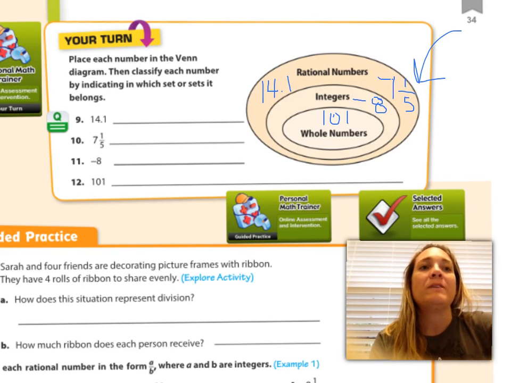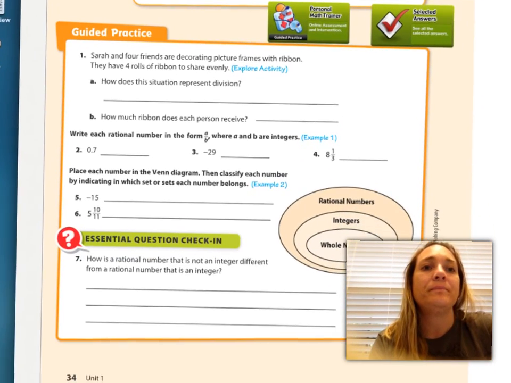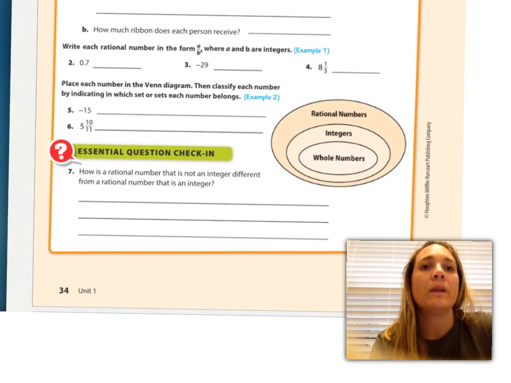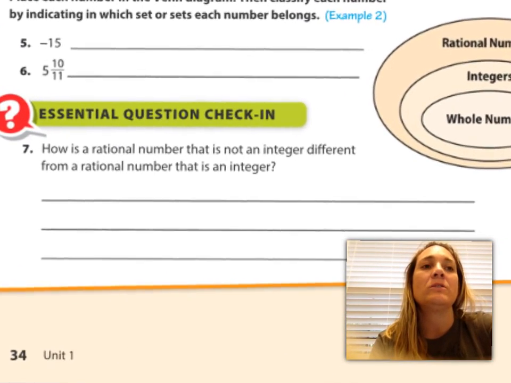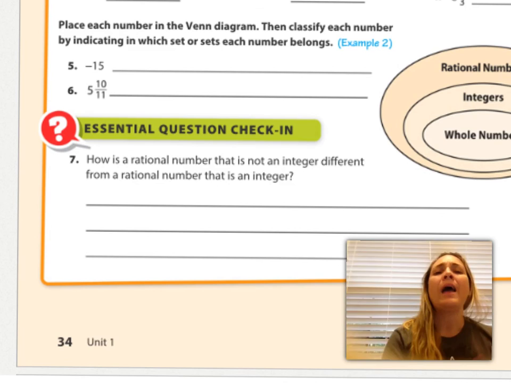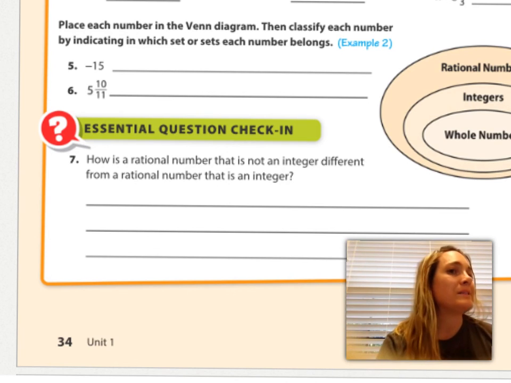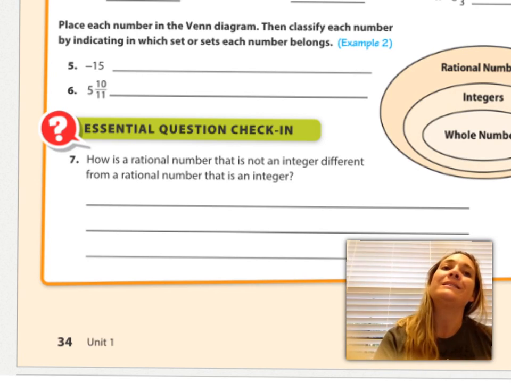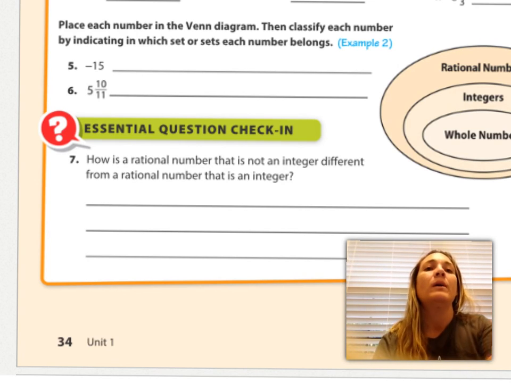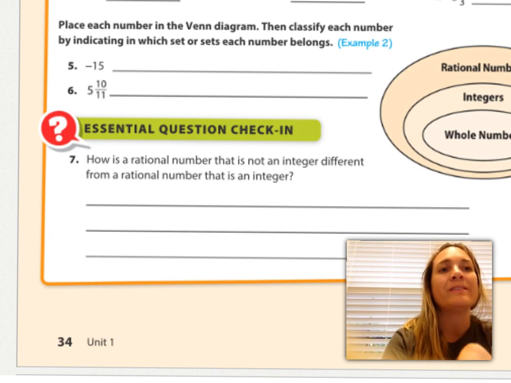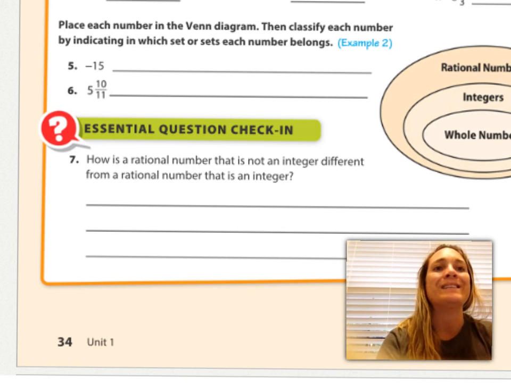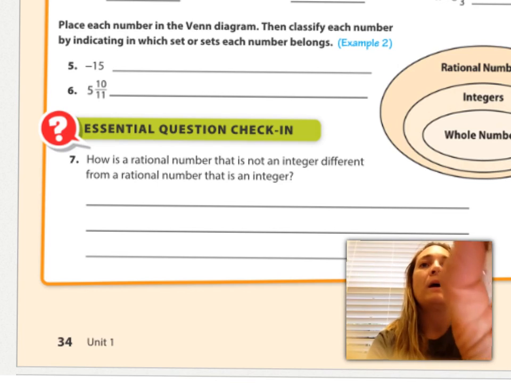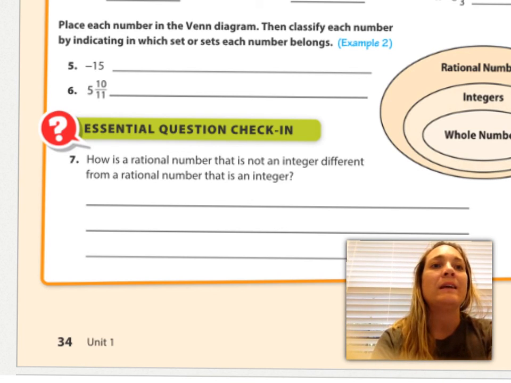Now let's revisit our essential question, or this is our CPQ. How is a rational number that's not an integer different from a rational number that is an integer? Okay, and we would say that that's not an integer.